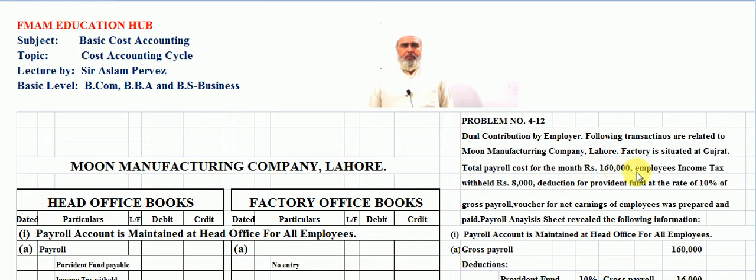Employees' income tax withheld is rupees 8,000. Deduction for provident fund at the rate of 10% of gross payroll. Voucher for net earnings of employees was prepared and paid. Payroll analysis sheet revealed the following information.